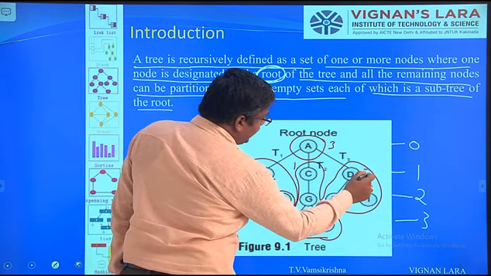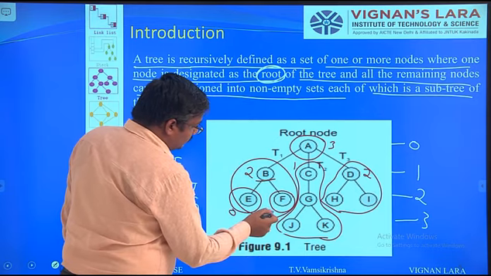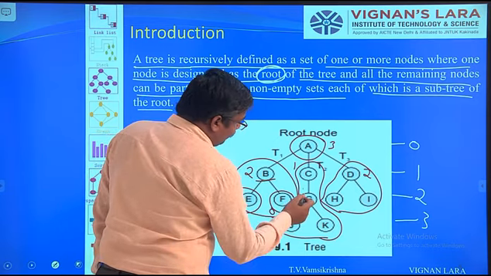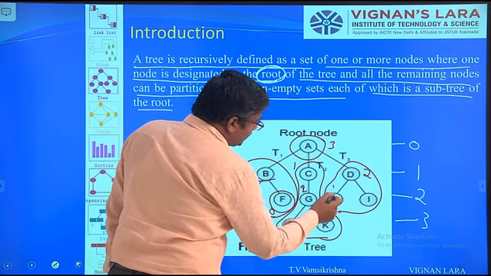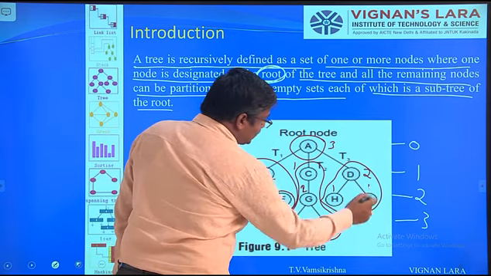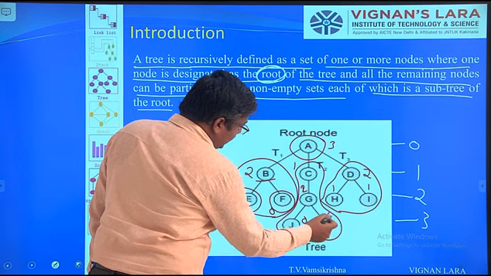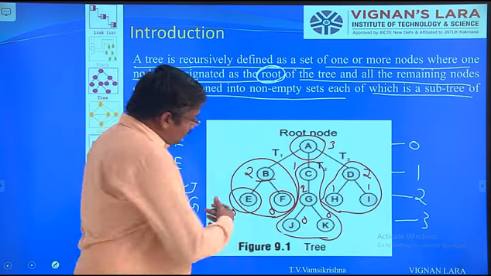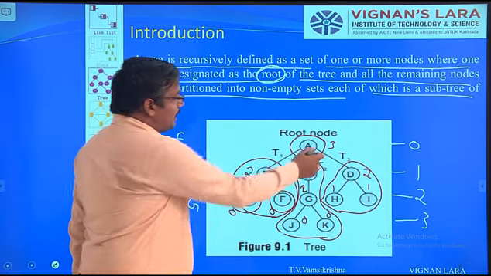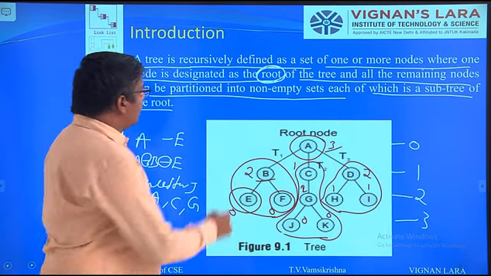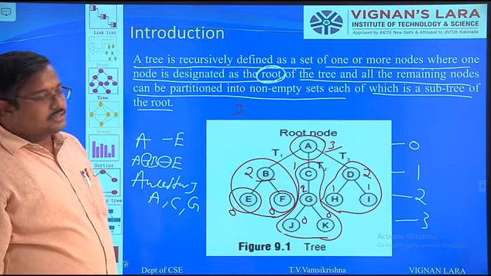What is the degree of D? 2, H, I. What is the degree of E? 0. F? 0. G? Sorry, not 1. It's 2. Why? Because J and K. And what is the degree of H? 1. What is the degree of I? Also 1. So degree of J 0, K 0. By comparing all these, what is the maximum value? 3. So the degree of the tree is 3.